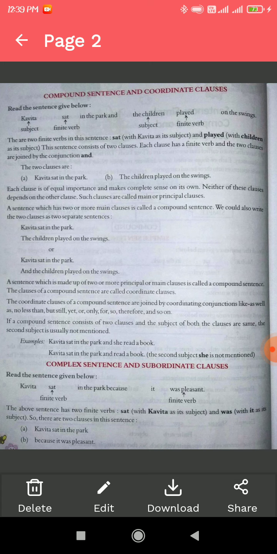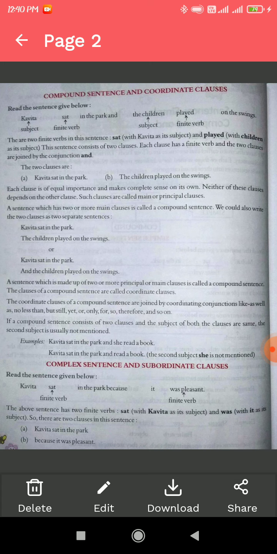A sentence which has two or more main clauses is called a compound sentence. Always remember this definition of compound sentence: a sentence which has two or more main clauses is called a compound sentence. You can see the example: Kavita sat in the park, the children played on the swing. Each is a principal clause, because each makes complete sense.